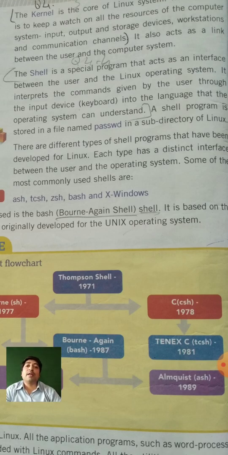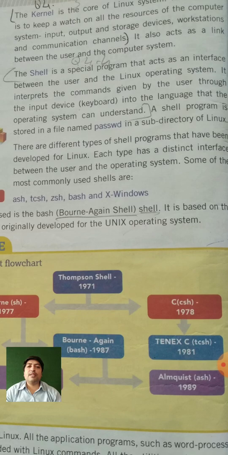Resources can be a keyboard or mouse, a printer or scanner. The resources of the computer system are input, output, storage devices, workstation and communication channel. The main function of the kernel is to keep watch on all the resources.